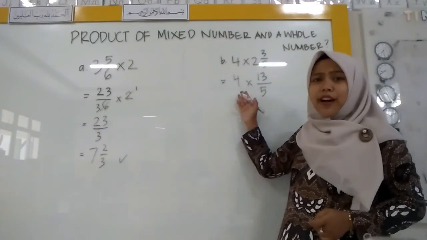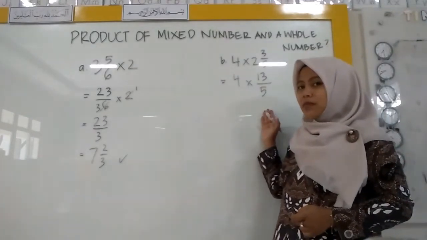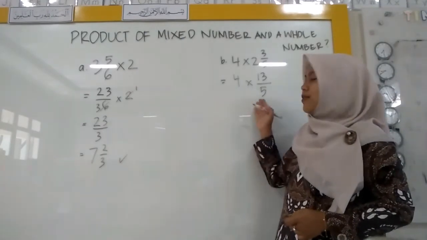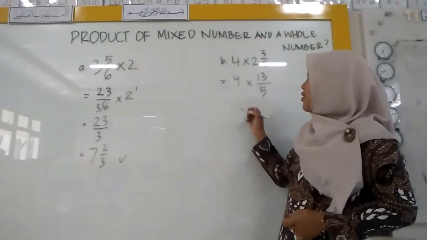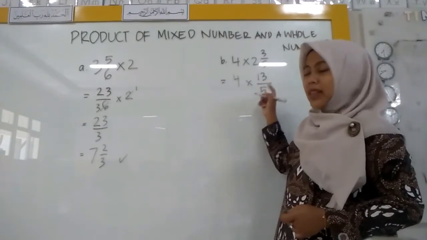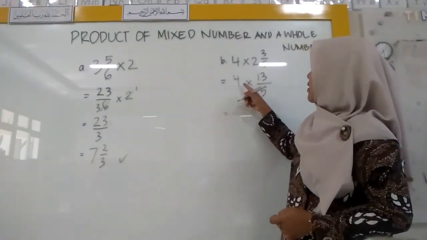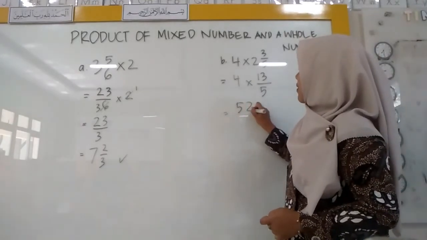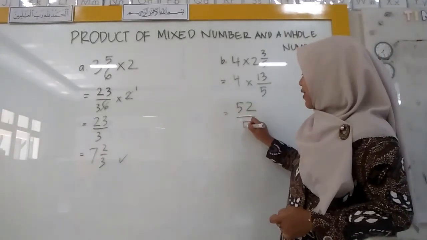Now, can we divide 4 and 5 together? Of course not, because there are no common factors to divide. So let's just multiply directly. 4 times 13 is 52 over 5.